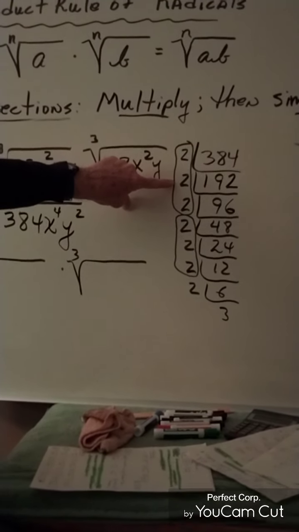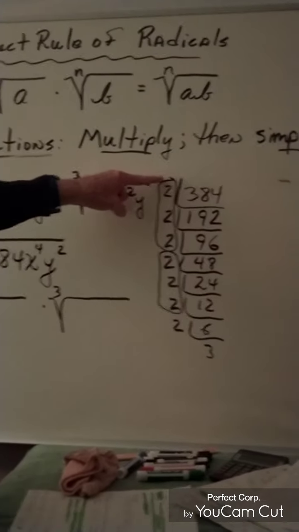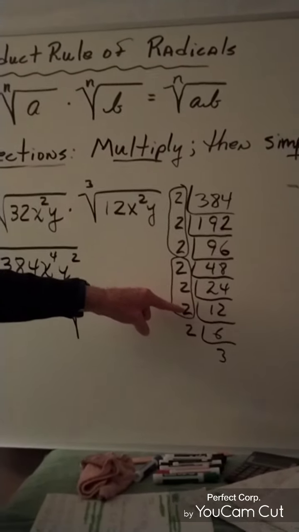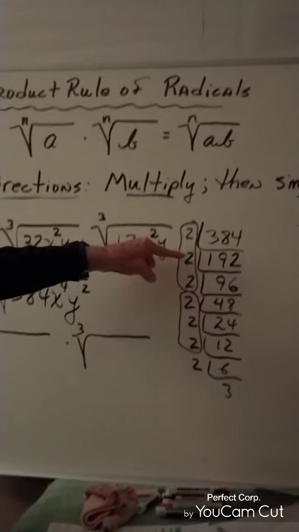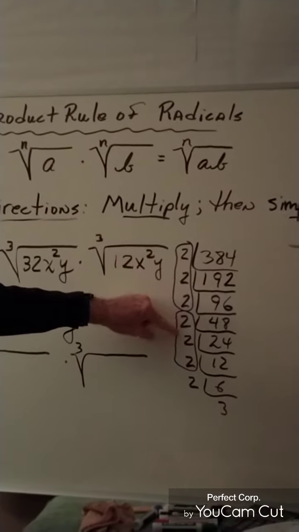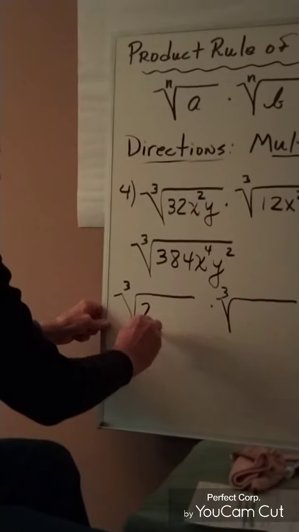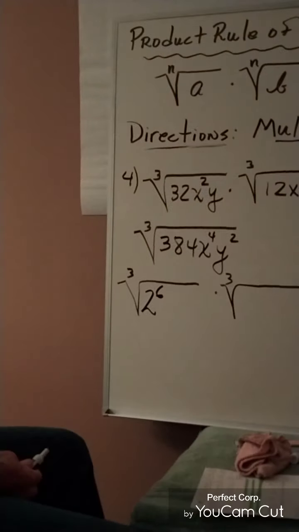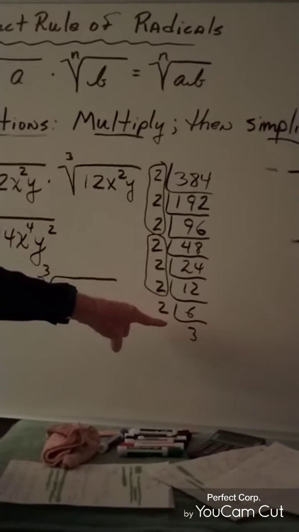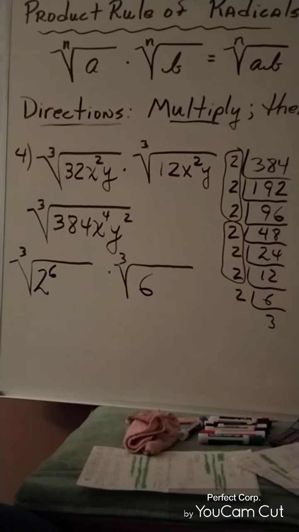If that's a perfect cube, and that's a perfect cube, if we use the product rule of exponents and just put these all together, we'll have 2 to the 1, 2, 3, 4, 5, 6. We'll have a 2 to the 6th. And then in the irrational, we'll have 2 times 3 or 6.